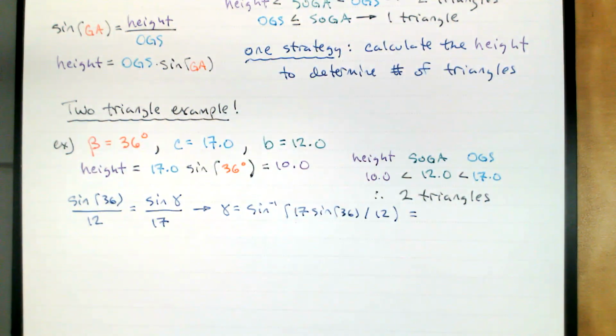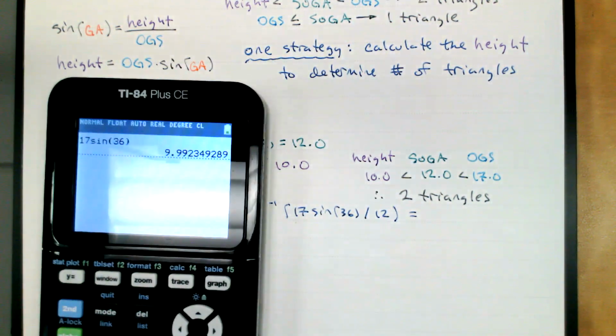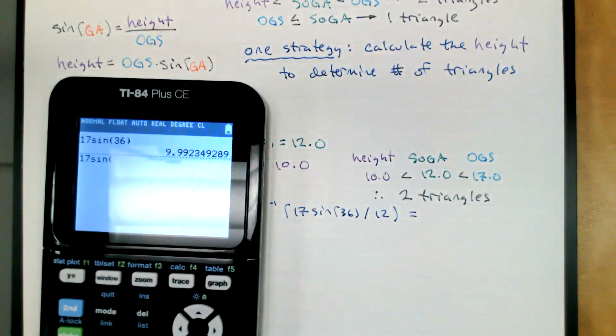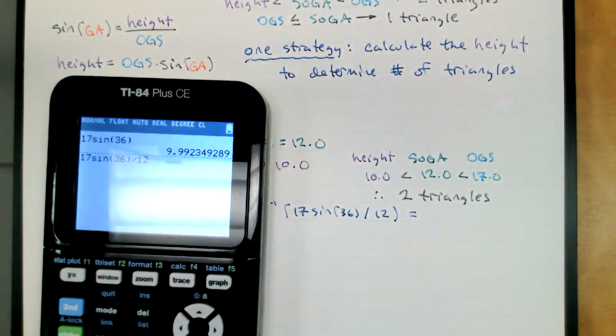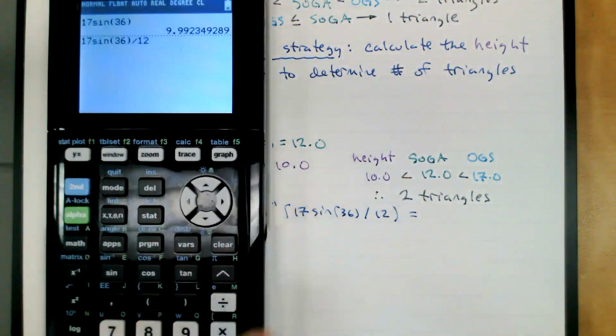It's just a proportion, so I multiply both sides by 17. Put the 17 on this side, then do a sine inverse. So I take 17 sine 36 and divide that by 12. Oh, convenient, I could have just said divided by 12.